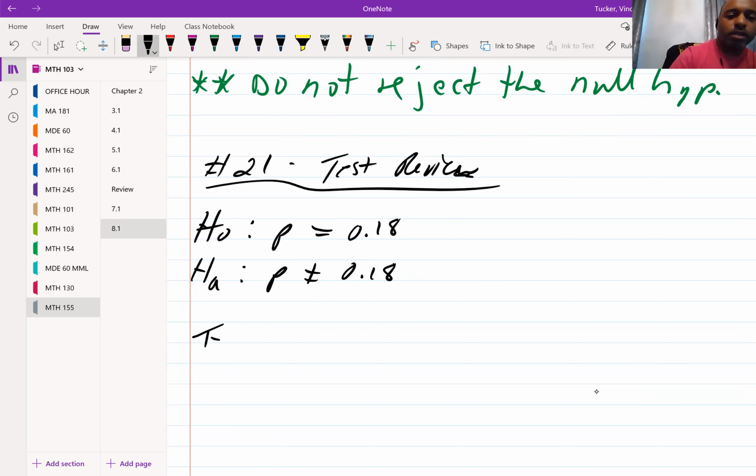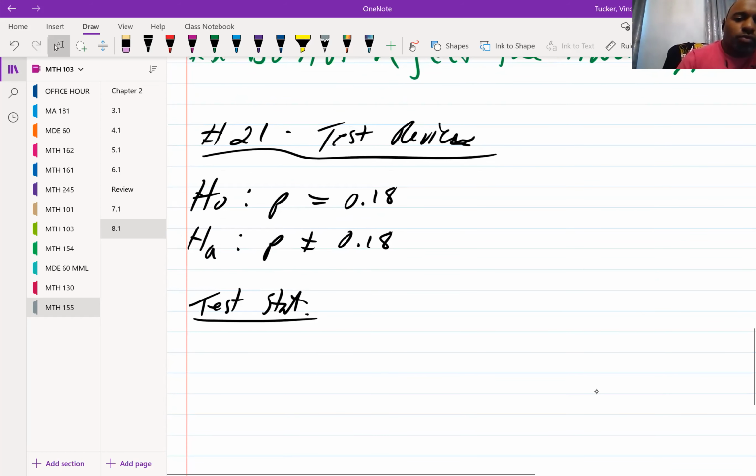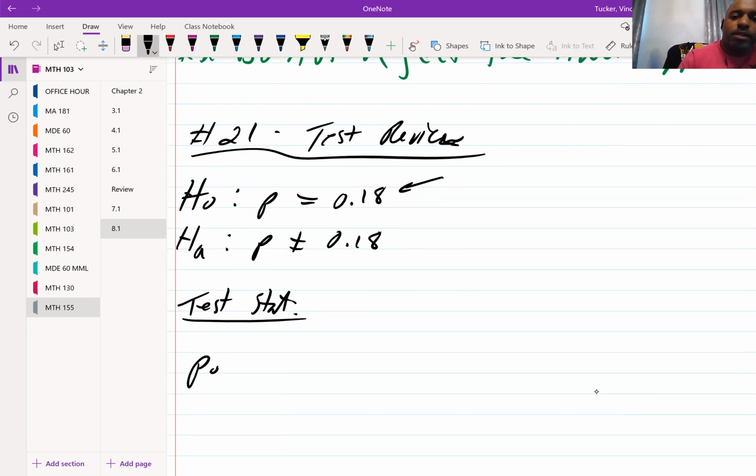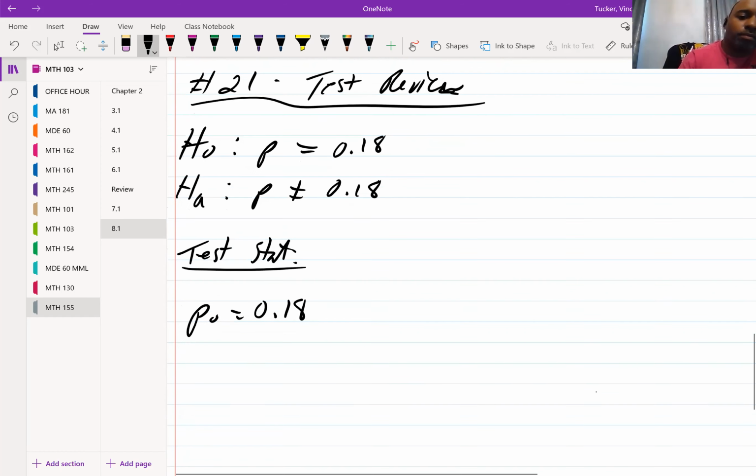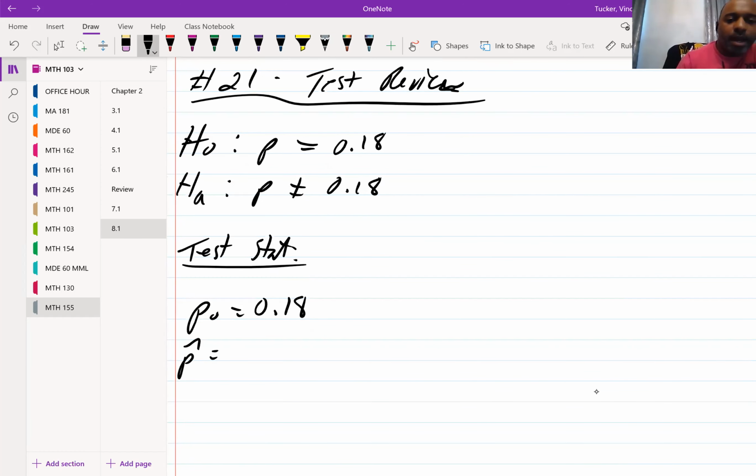Now we need our test statistic. P naught is always this value right here. Now we need P hat, which remember is X over N. I believe that was 53 over the sample size of 250. Out of the 250, 53 had dangerous levels.